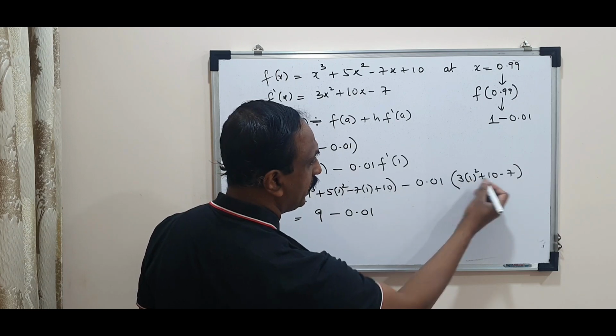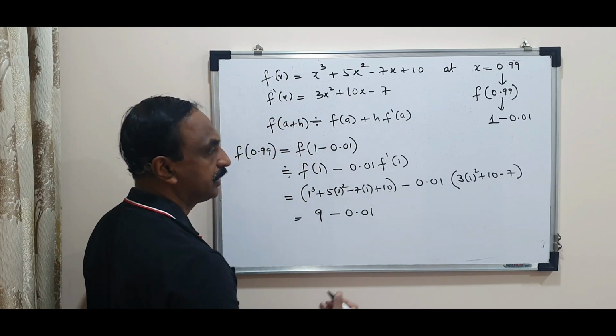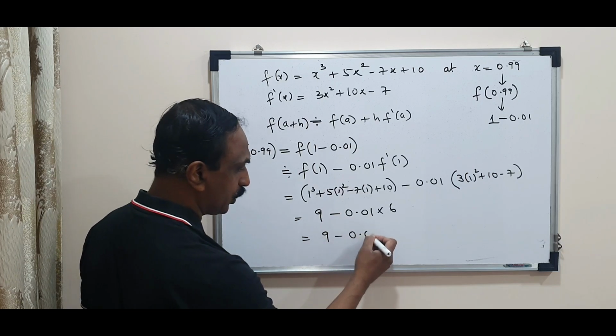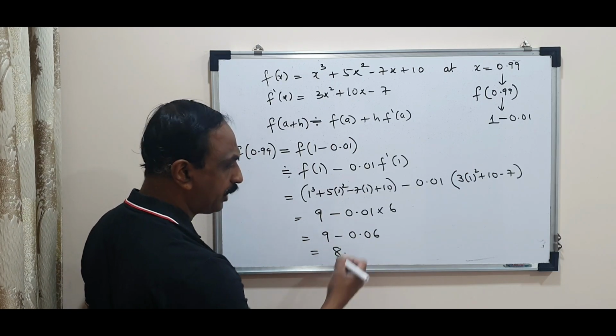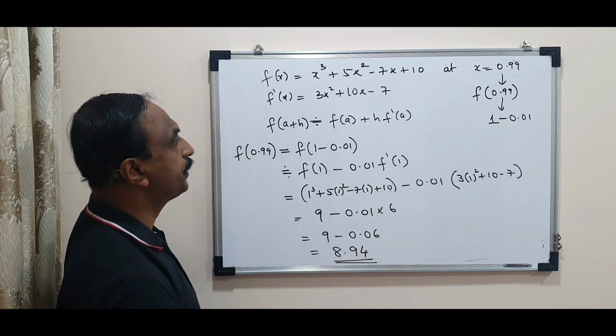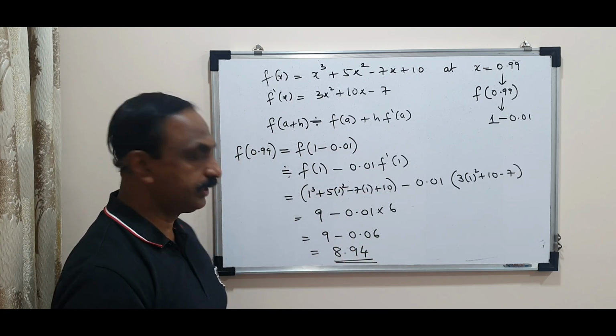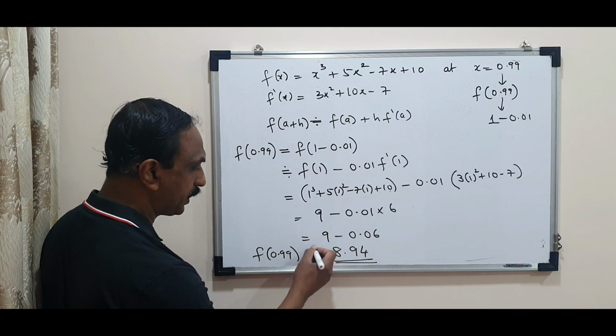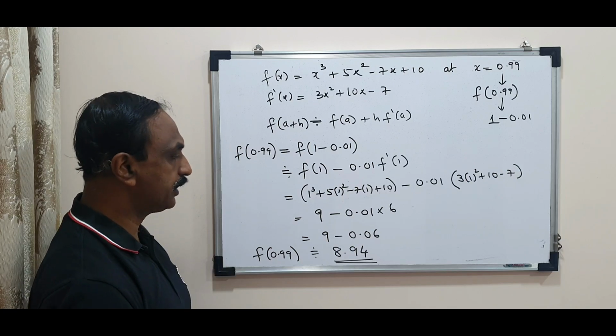This gives you 3 plus 10 is 13, 13 minus 7 gives you 6. So that is 9 minus 0.06. That gives you 8.94. So the approximate value of the function is 8.94. So f of 0.99 is approximately equal to 8.94.